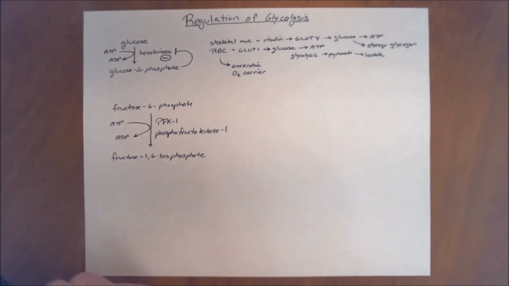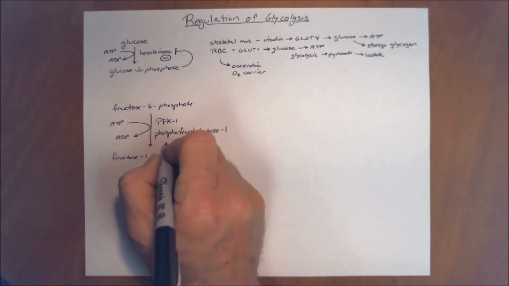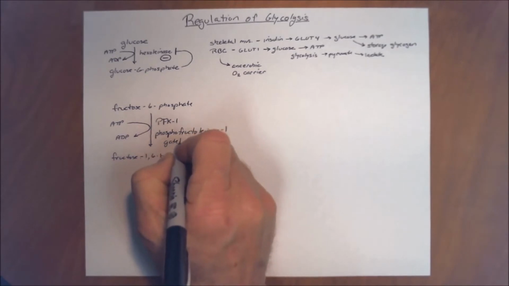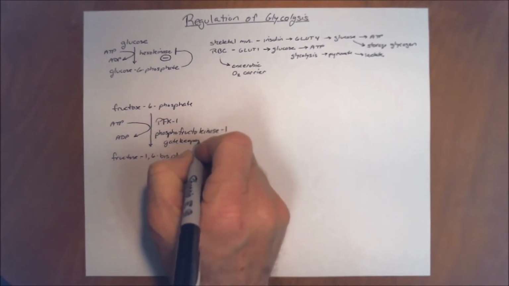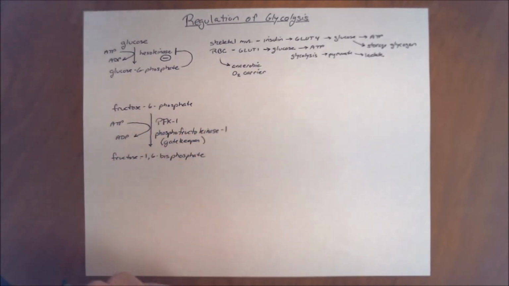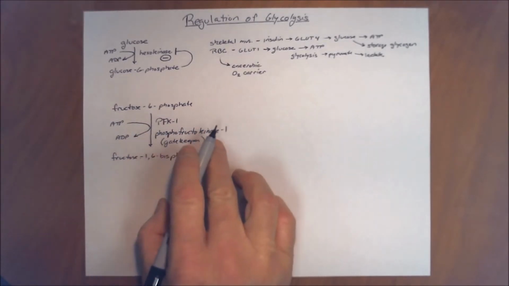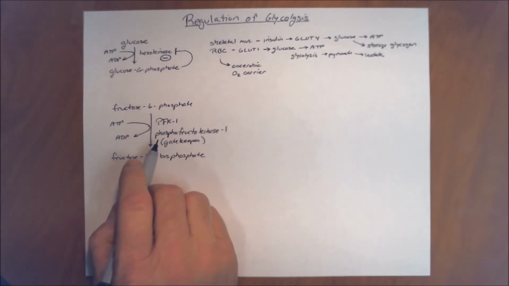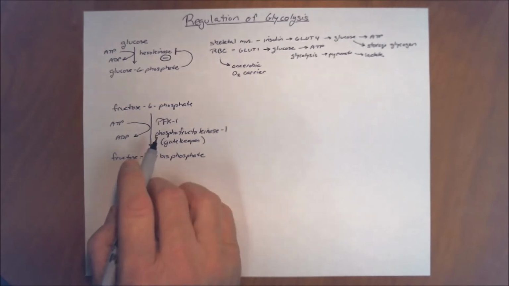Now this enzyme is considered a gatekeeper. It is a gatekeeper in glycolysis because it is going to regulate the flow of substrates, oxidation of glucose, going through glycolysis. Or if we inhibit this reaction, we can form glycogen.